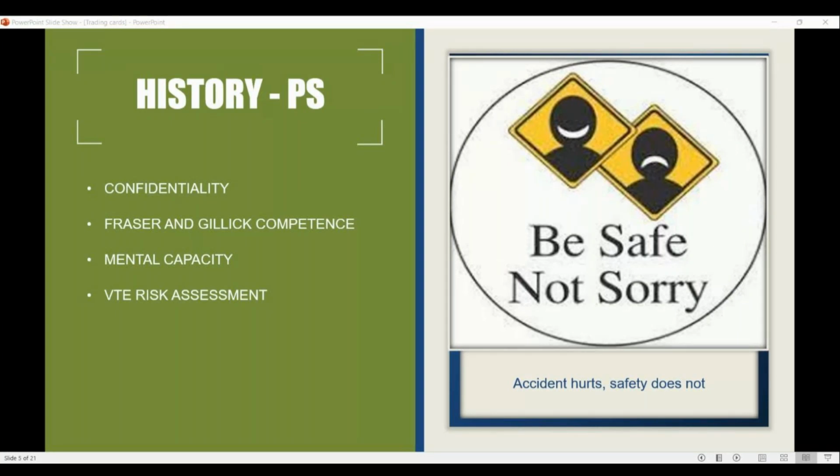If she is not able to decide for herself, then is there any will she has signed, or has she given authority to anyone who can take decisions on her behalf? If not, then a best interest meeting will be conducted. So mental capacity is also a very important patient safety point.